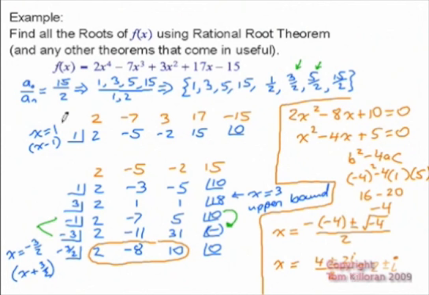So my four answers would be x is equal to 1 from over here, x is equal to negative 3 halves, and these two answers, 2 plus i and 2 minus i. And since the degree of this polynomial is 4, we have found every single one of the answers.